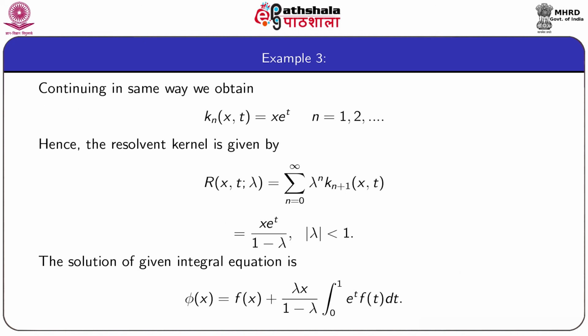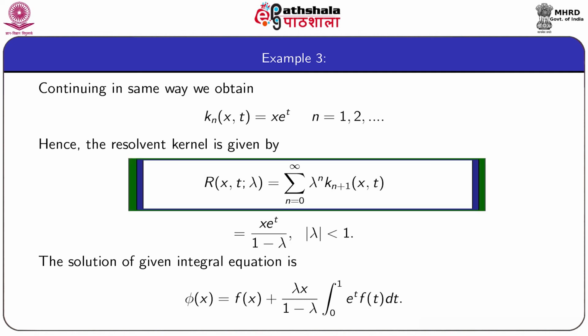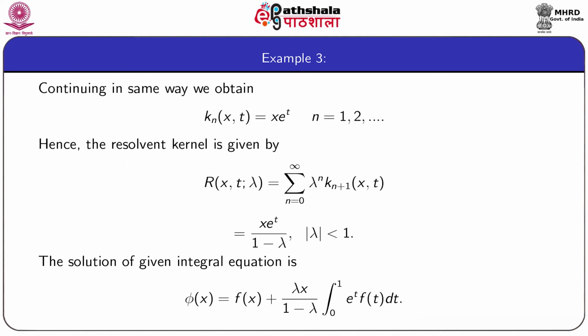Continuing in the same way, we observe that the nth iterated kernel Kn(x, t) comes to x into e to the power t for n equal to 1, 2, etc. So that the resolvent kernel capital R(x, t; lambda) is equal to summation n equal to 0 to infinity lambda to the power n K_{n+1}(x, t). Substituting the value of K_{n+1}(x, t), we obtain the resolvent kernel as x into e to the power t divided by 1 minus lambda.